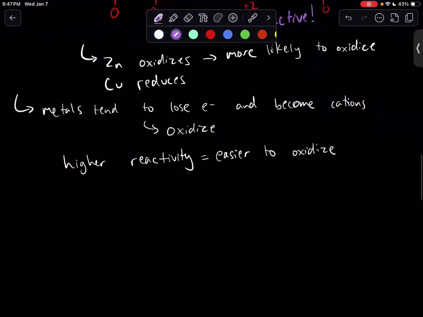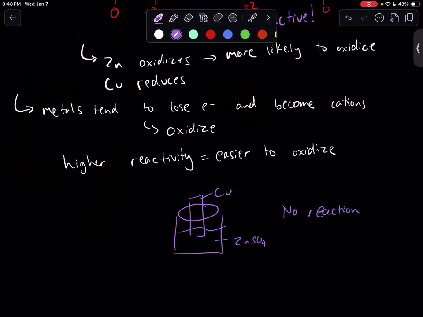Just for the inverse, if we took a solution of zinc sulfate and we put some copper in it, nothing happens. We get no reaction because copper is less reactive than zinc and will therefore not displace it.